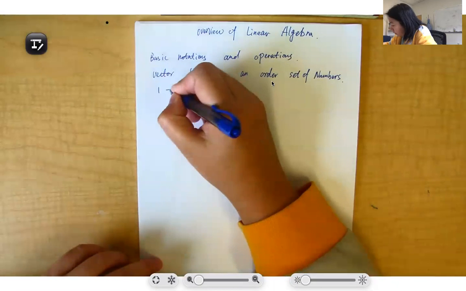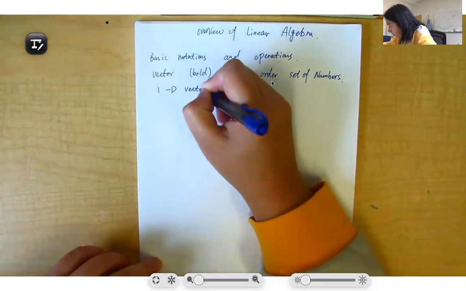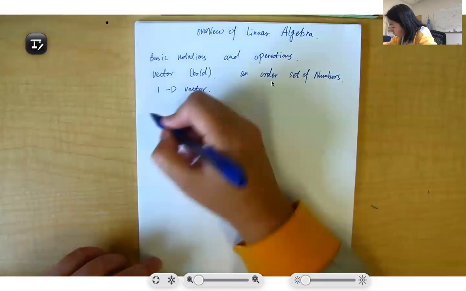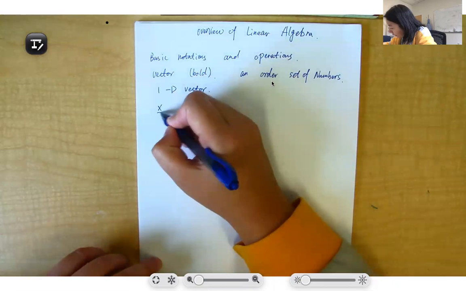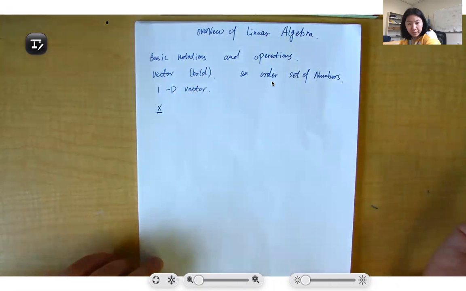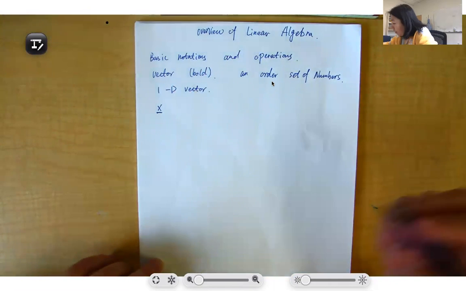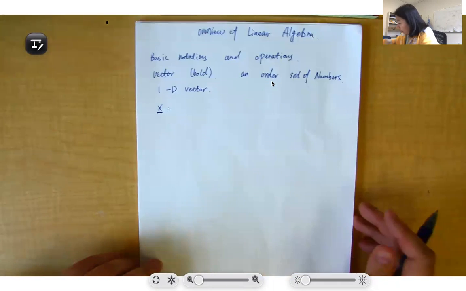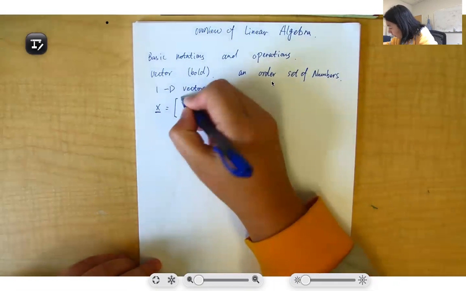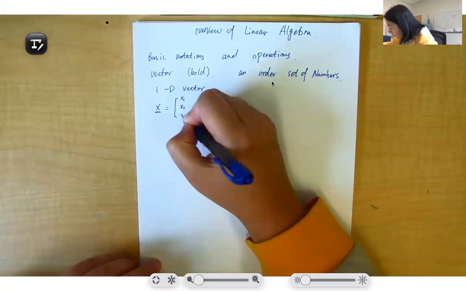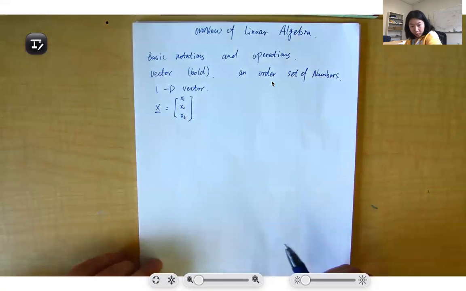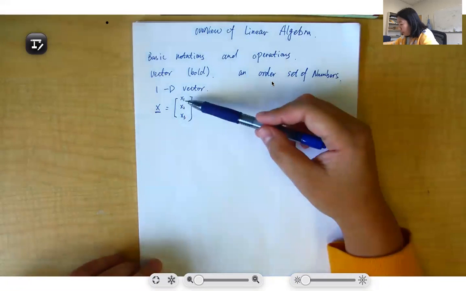We will start with the 1D vector. You can use this x with an underline here to represent a 1D vector. It can be x1, x2, x3. So this is a column vector, which includes x1, x2, x3.